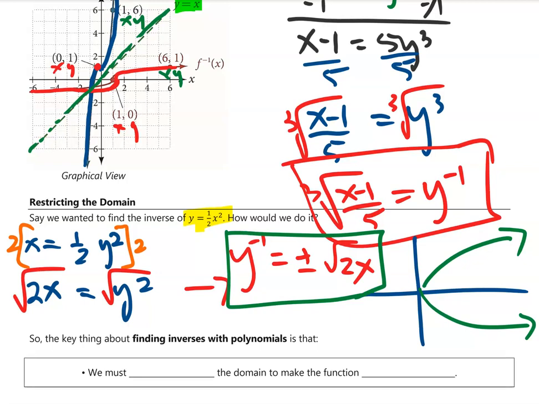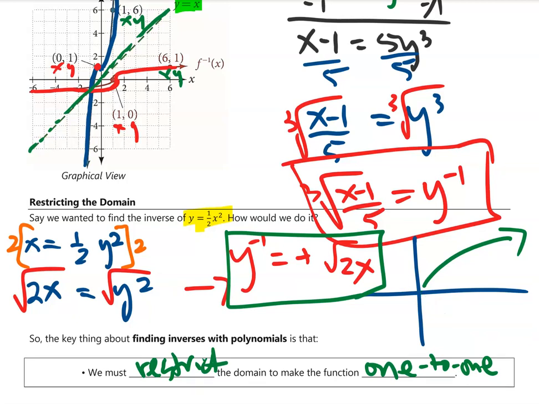Okay, so the key thing about finding the inverses with a polynomial is that we must restrict the domain to make the function one-to-one. So how do we do that with this example? So we can just take the positive of it and we can remove this part here.